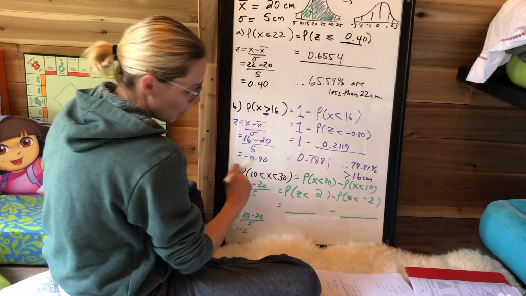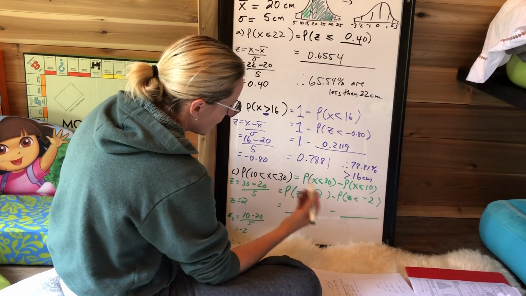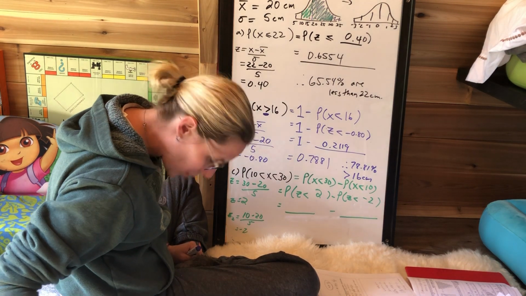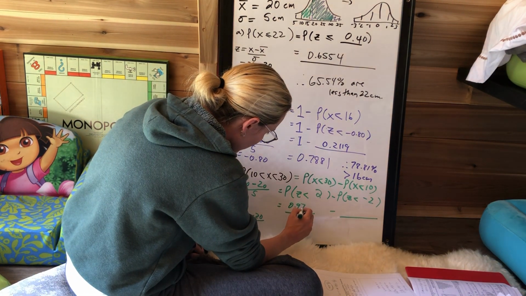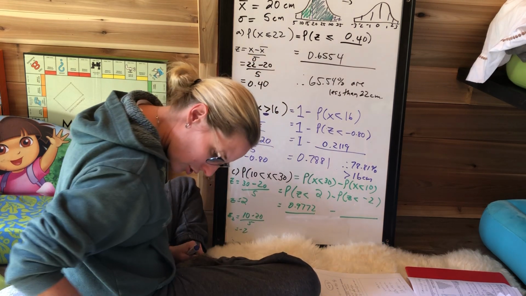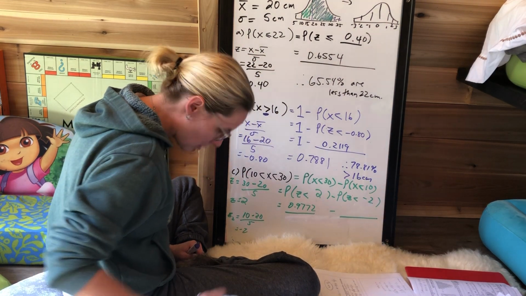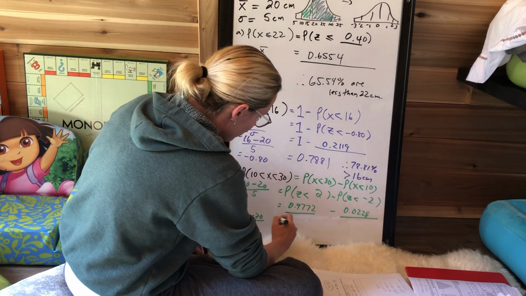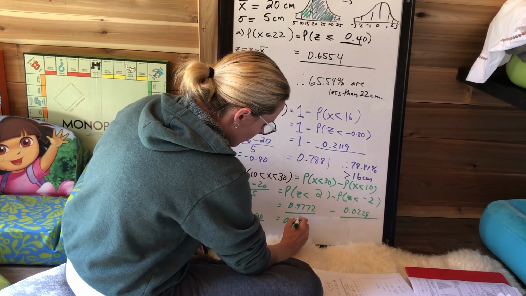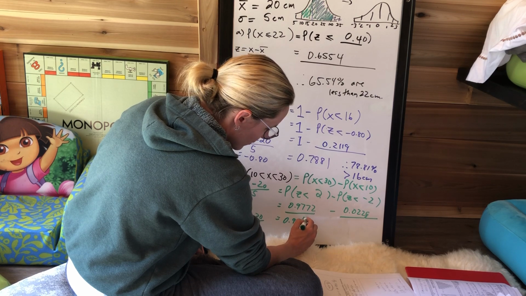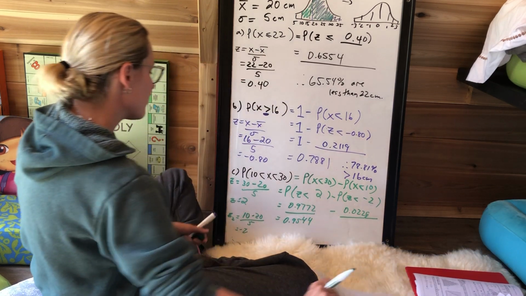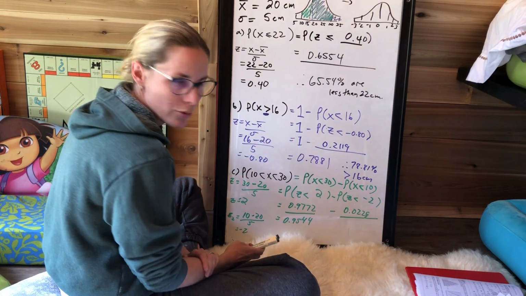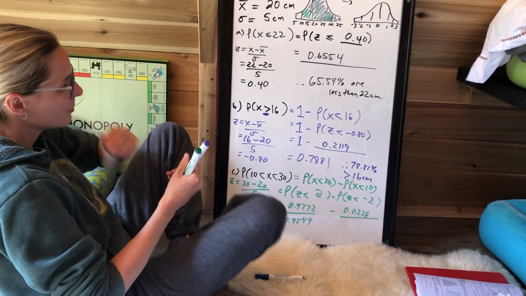So I have to look up both positive 2.0 and negative 2.0. Positive 2 has a value of 0.9772. Negative 2 has a value of 0.0228. When you subtract them, you get 0.9544. So that means 95% of the fish are between 10 and 30 centimeters.